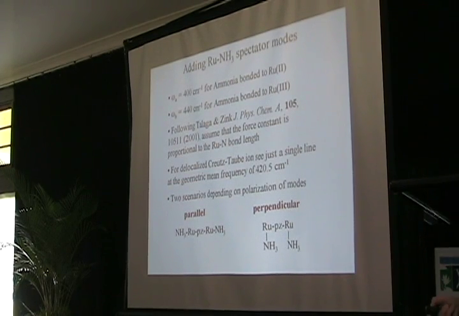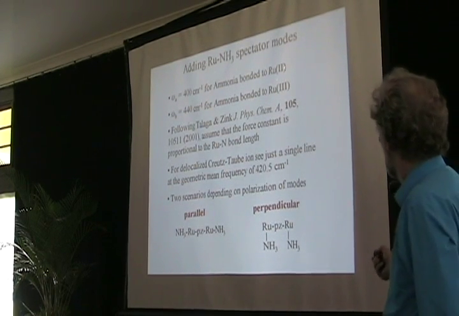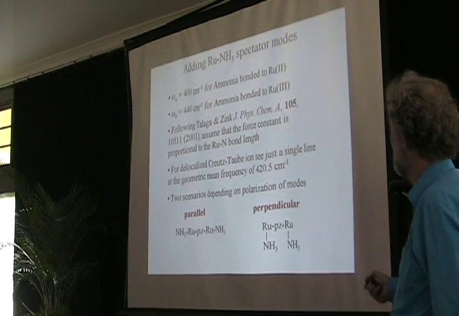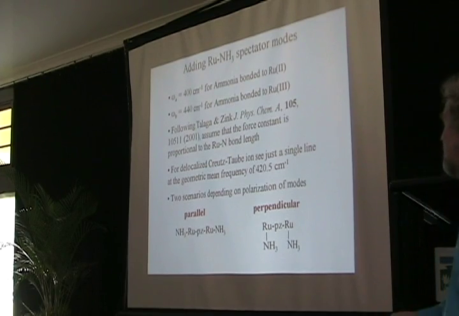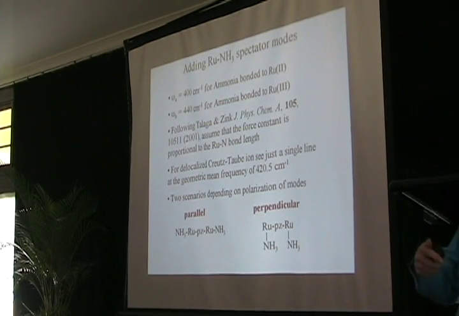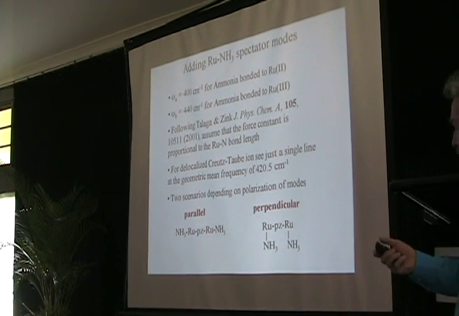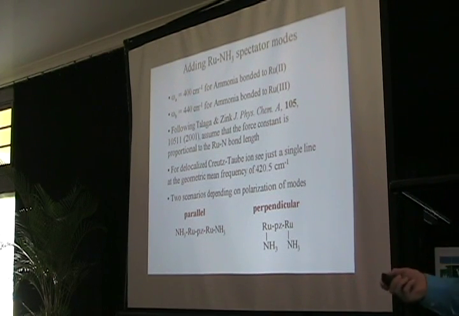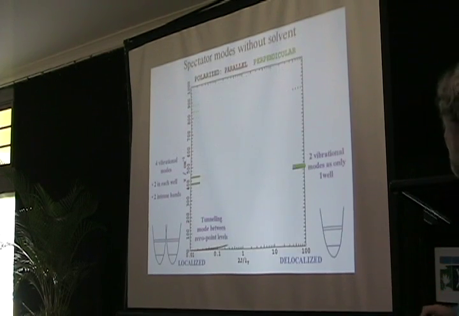Then we added 2 spectator modes, a ruthenium-2 and a ruthenium-3 vibration. And they could be either parallel or perpendicular to the electron transfer direction. All the vibrations, they're either allowed in the infrared, parallel or perpendicular. So by doing it this way, with this model, we can see what they all are.